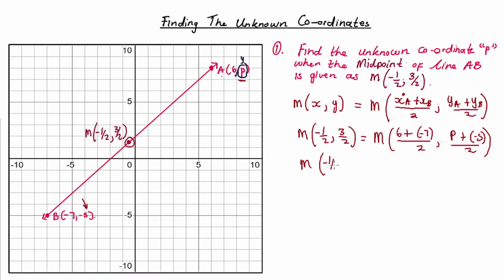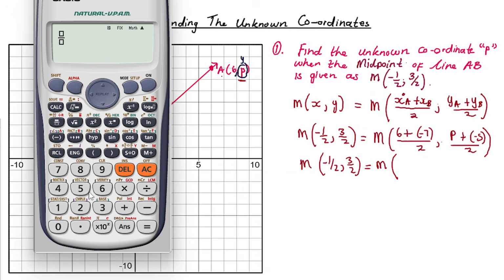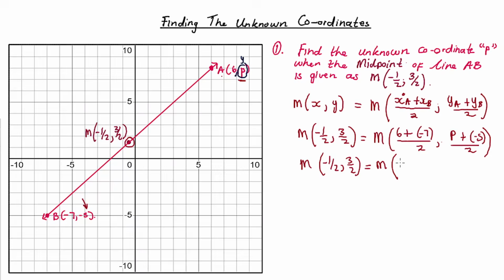So here I have a minus a half and a 3 over 2 equal to M over, so when we calculate this, the 6 plus negative 7 over 2, we should get a negative 1 over 2. Then for P, it's basically P minus 5 over 2.